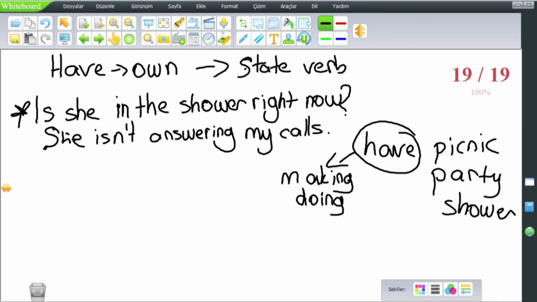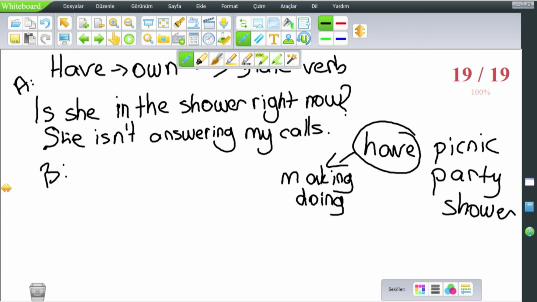Is she in the shower right now? This can be A, this can be B, and this is a dialogue. We say, şu an duşta mı? Telefonlarıma cevap vermiyor, aramama cevap vermiyor.